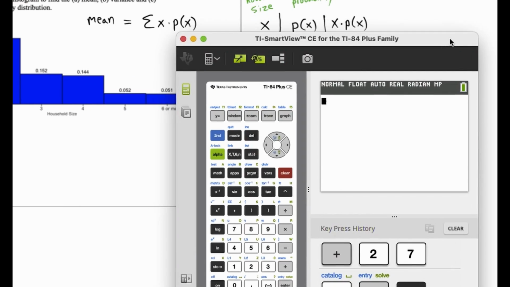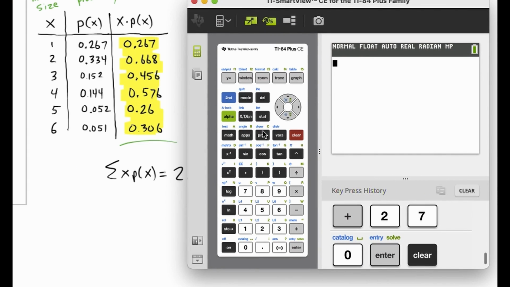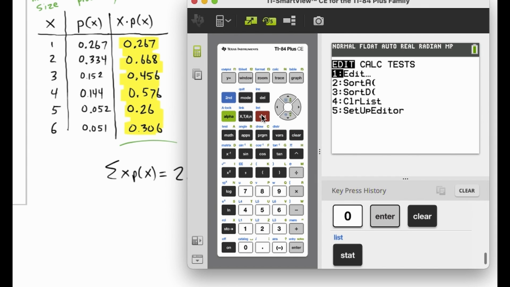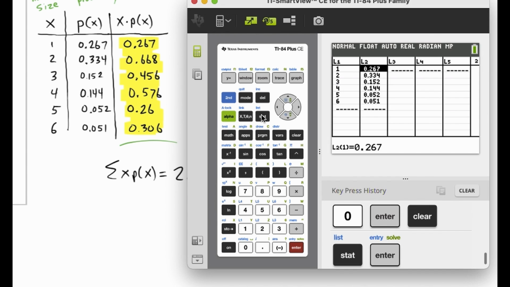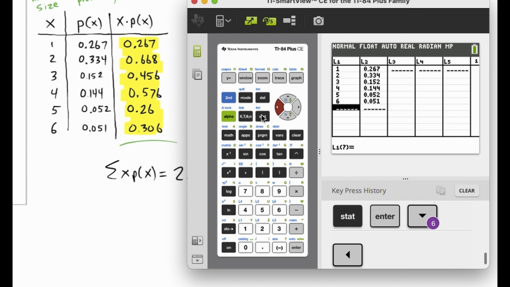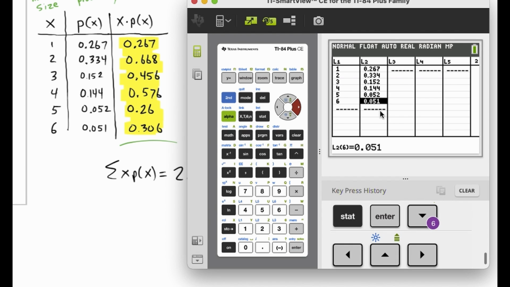So on the TI-84, we want to go to the Stat button, hit Enter to edit your lists. You want to enter your data into this table, so we put the X values on the left, and then the probabilities will be on the right. So I got my X values in L1 and probabilities in L2.